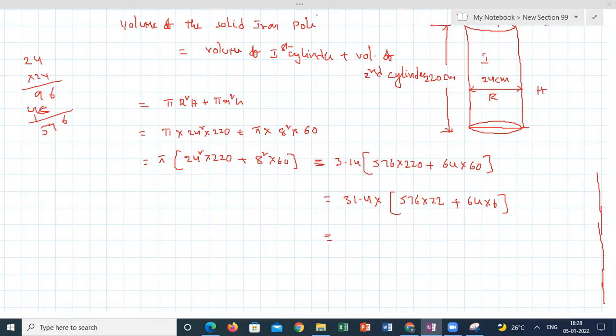Please come to the Aditi, please complete the calculation. Let me know what is the volume you are getting. How many centimeter cube you are getting. Please give the answer.